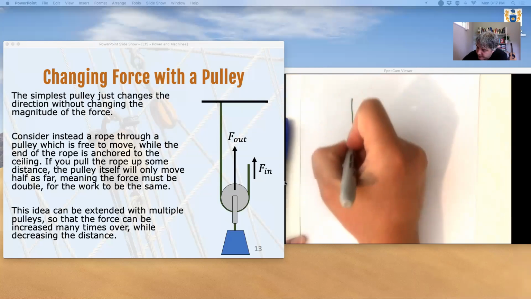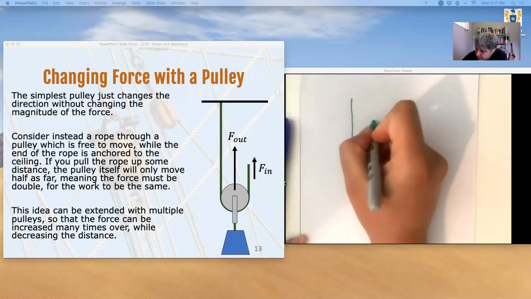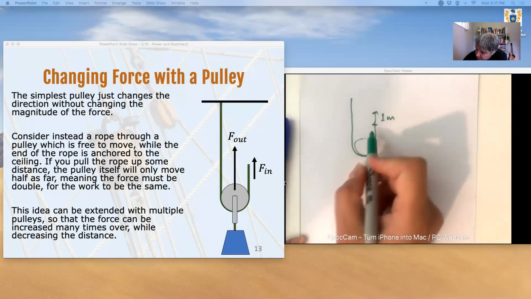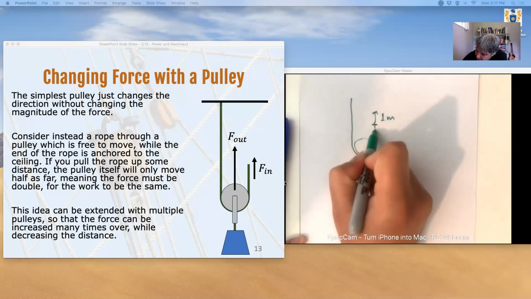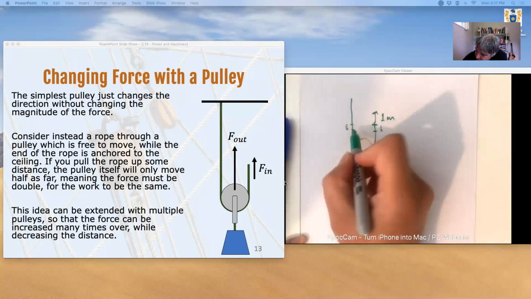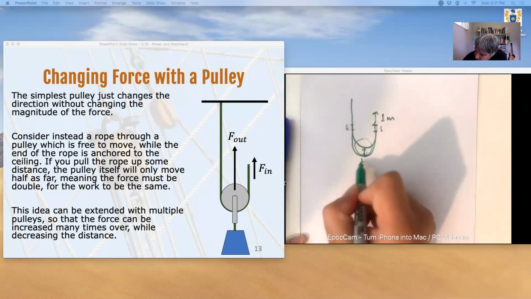If we have this as our rope, and here's our pulley, and we want to pull this up by 1 meter, then it has to take 1/2 meter from here, and 1/2 meter from here, and lift the whole thing up by that 1/2 meter. So this goes up by 1/2 meter.